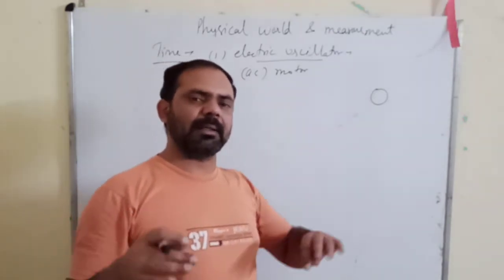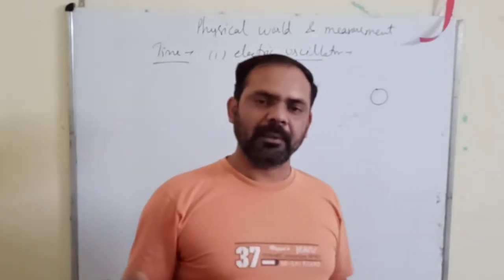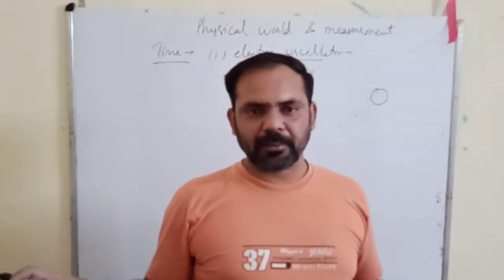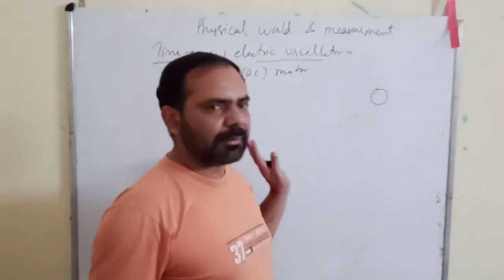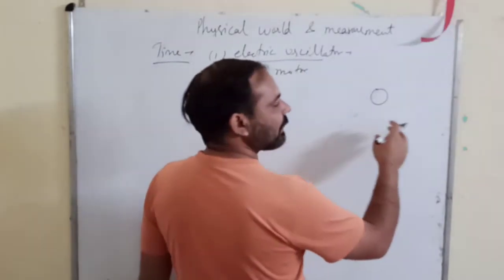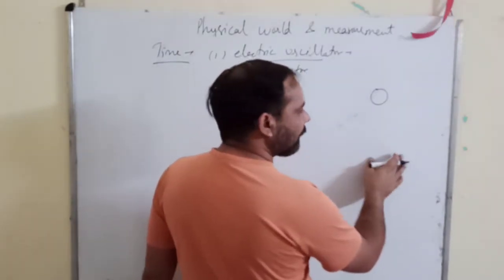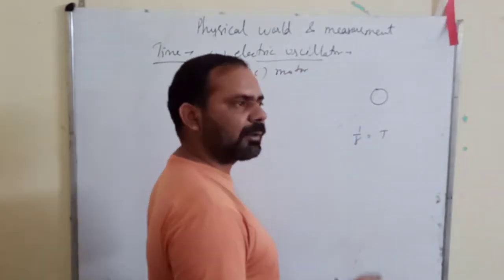You have a complete chapter in class 12, and without knowing the basics of alternating current, it is very difficult to explain the things here. But simply I would like to tell you that there is something called the frequency of the alternating current, and the reciprocal of that frequency gives you the time period of the alternating current.